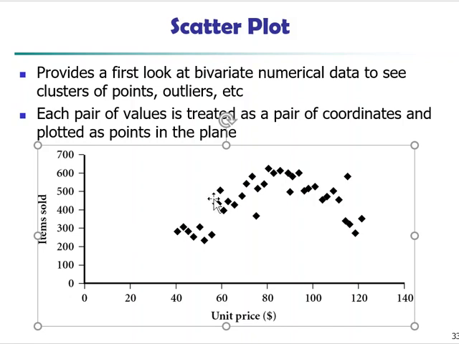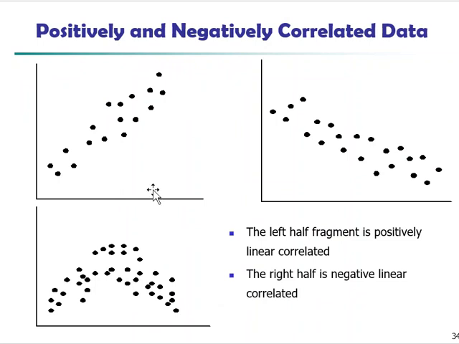So here we looked at one sort of correlation between two variables, items sold and unit price. I want to show you visually a number of other examples. This is the one that we just saw, but in this case, I did not tell you what variables are on the x-axis and y-axis.